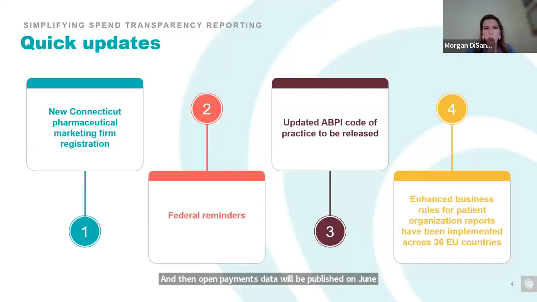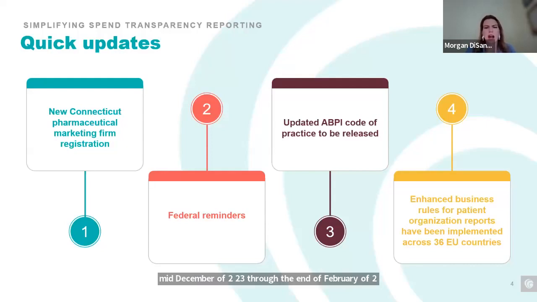Now, the third quick update relates to the ABPI code of 2024 being released. So it will be replacing the 2021 ABPI code. There was a consultation period in which everybody could publicly submit particular additions to the code. So that occurred in mid-December of 2023 through the end of February of 2024.